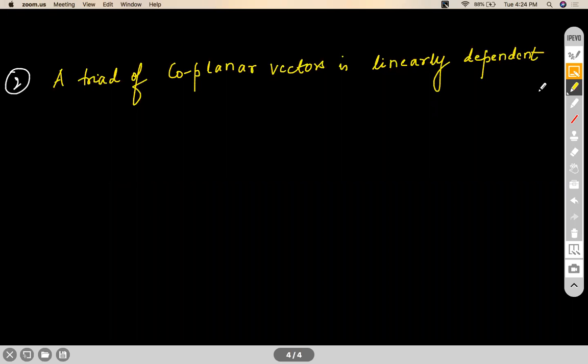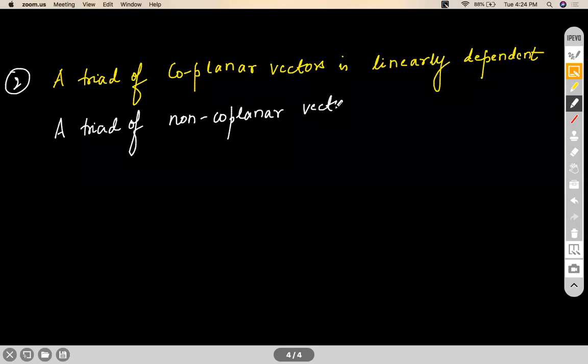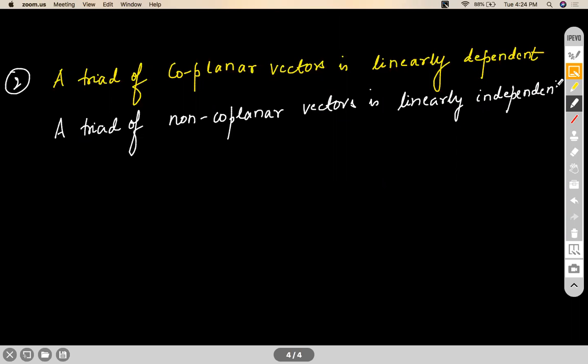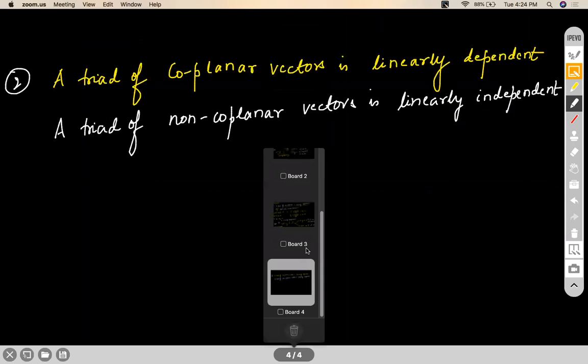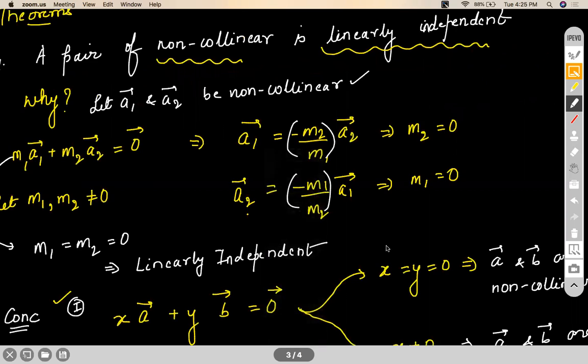This theory can also have a corollary: a triad of non-coplanar vectors is linearly independent. I would like to add a corollary there also. What did I say here?